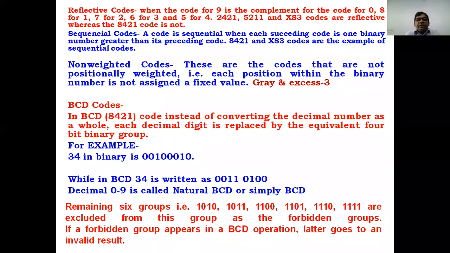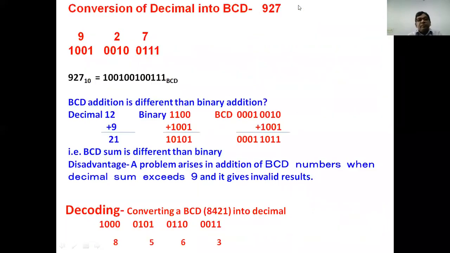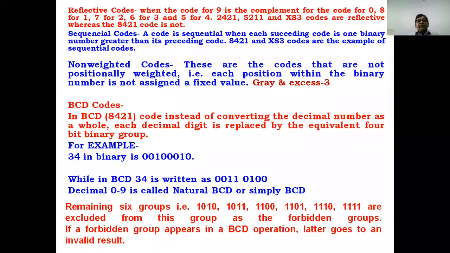When we categorize these binary codes, they can be further grouped into various categories like reflective codes. Reflective codes are those where the code for 9 is the complement of the code for 0, 8 for 1, 7 for 2, 6 for 3, and 5 for 4.